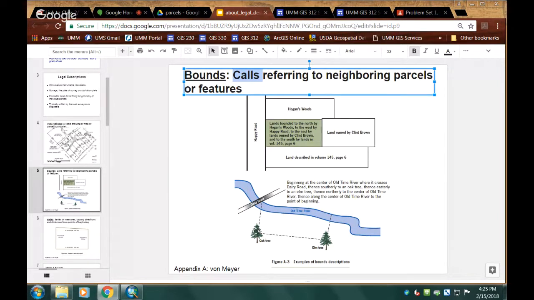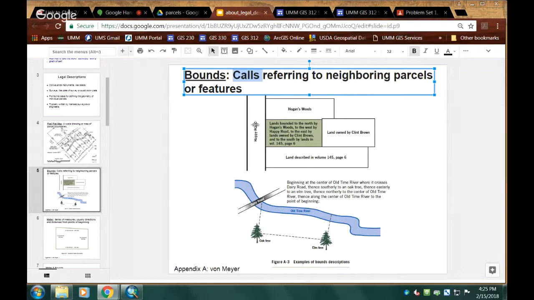So something at the corner of a parcel, like these trees, or along the edge of the parcel, like the road or the river. Those are referring to those descriptions, and so bounds refers to those things. So these are examples of bounds.